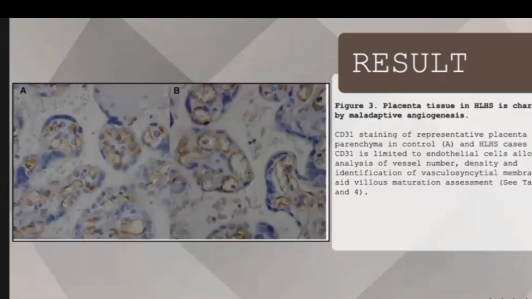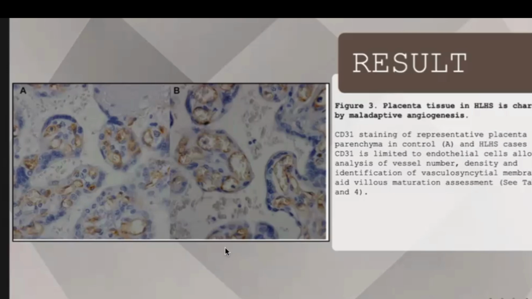And so this is figure 3, and this is the CD31 staining. As I previously mentioned, CD31 is an endothelial specific marker. And as you can see in the terminal villi, you can see how it outlines the blood vessels, and these are the fetal placental blood vessels.